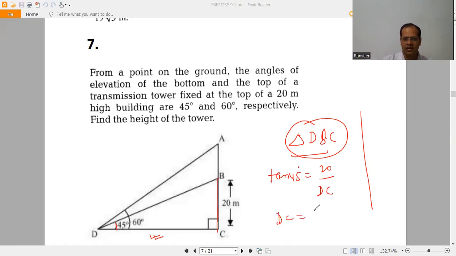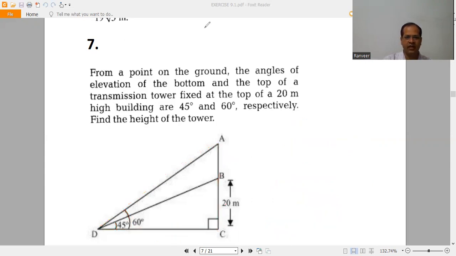So DC is 20, we can write. Now first of all we got 20 meter. After that, from this triangle, suppose this tower value is x. So 20 plus x, if you take tan 60 degree, then 20 plus x divided by 20. So in this way we can find out.